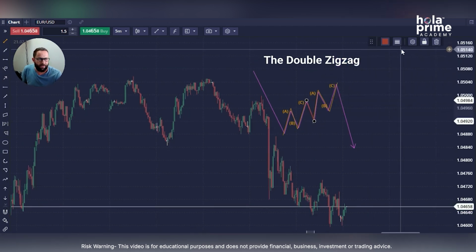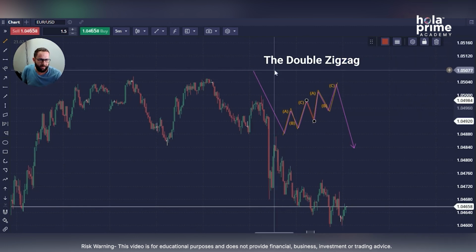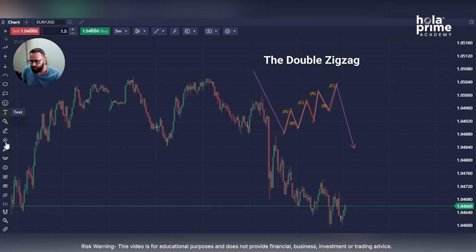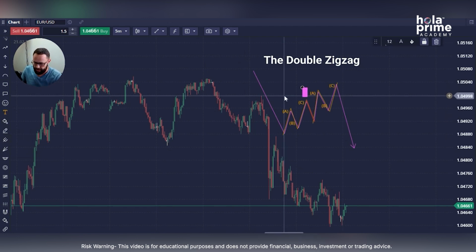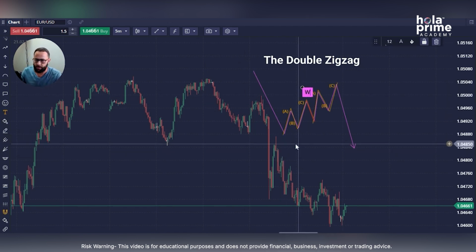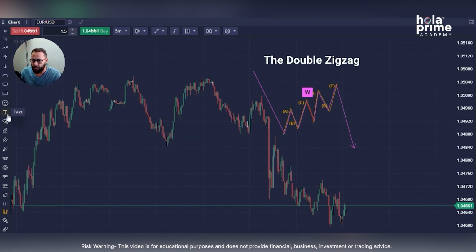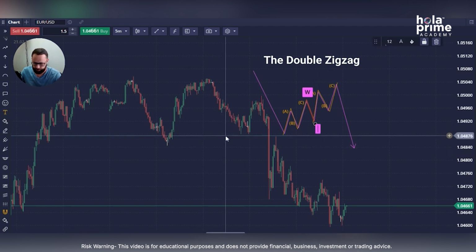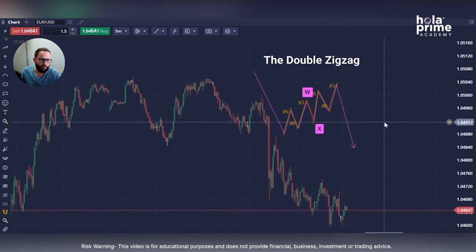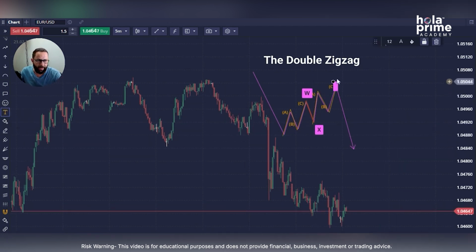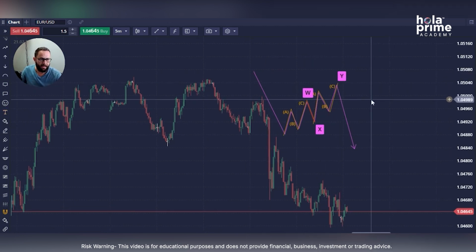And then the entire thing, if you want to call it that, is typically labeled a W, X, and a Y. WXY pattern, or you can just call it a double zigzag.